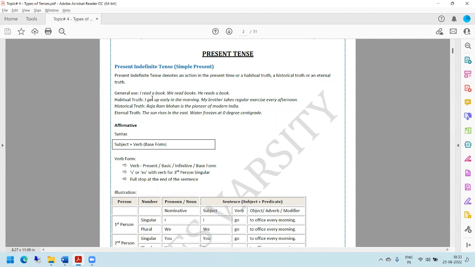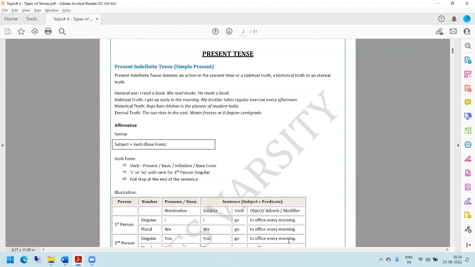Like, I read a book. General use: I read a book, we read books, he reads a book. Habitual truth: I get up early in the morning. So for general use, habitual truth, historical truth, eternal truth, we have to use the present indefinite tense. We cannot use other tenses. This is what we need to understand.